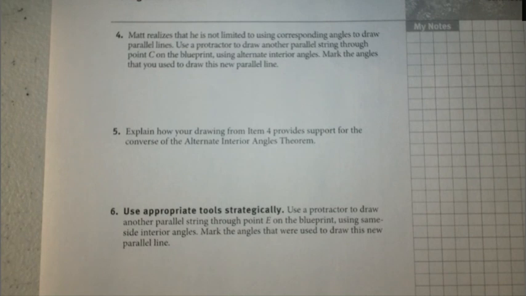Use a protractor to draw another parallel string through point C on the blueprint using alternate interior angles. Mark the angles that you use to draw this new parallel line. Explain how your drawing from item 4 provides support for the converse of the alternate interior angles theorem.